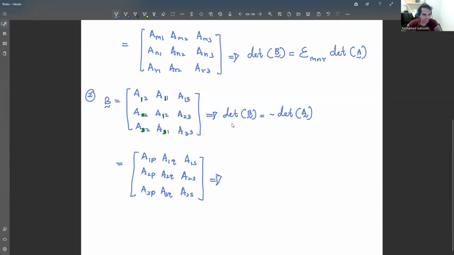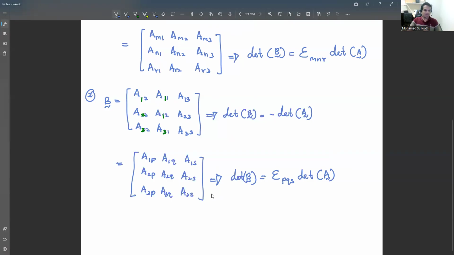So now from here, determinant of B, now I can write. Now what is that? I'm going to use PQS, PQS, determinant of A. Okay, right.